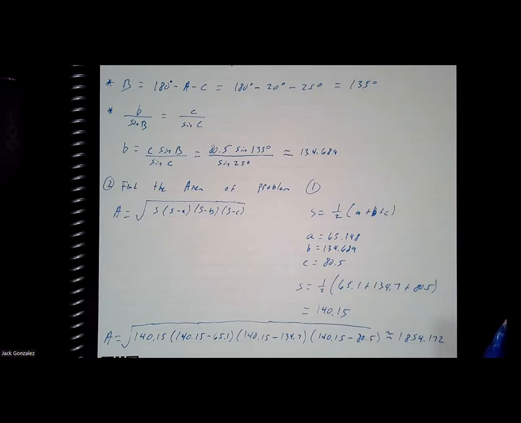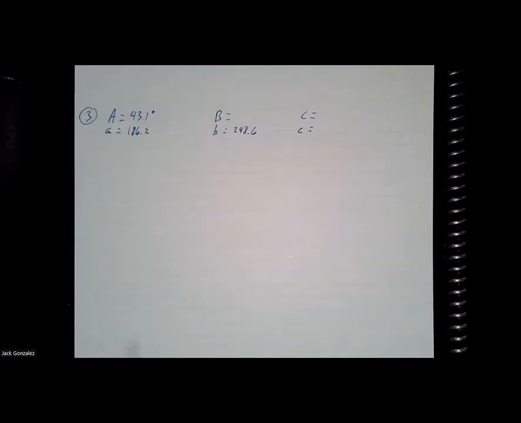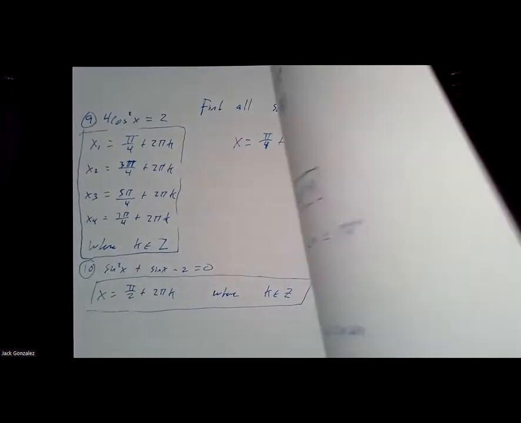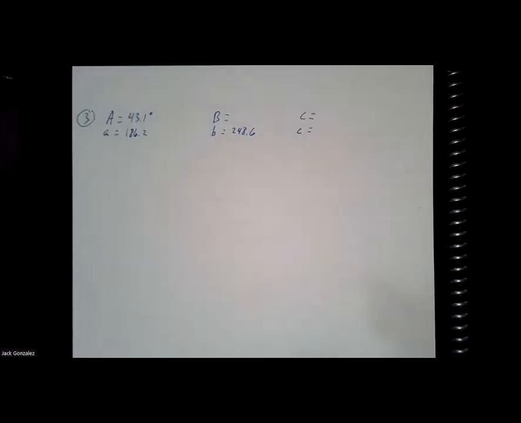Anyway, for number 3, I didn't explain why there's only one triangle here. We'll do so on the next one, and the 3rd and 4th. But you should always check. Oh, I forgot to mention, on number 1, you were given 2 angles, so you're only gonna have one triangle.